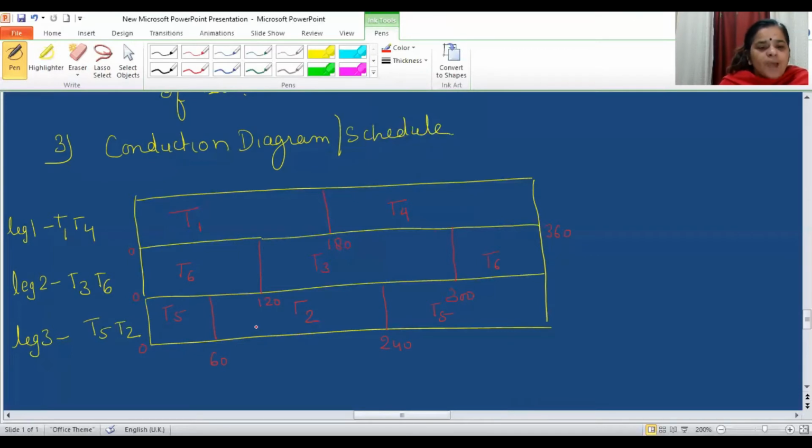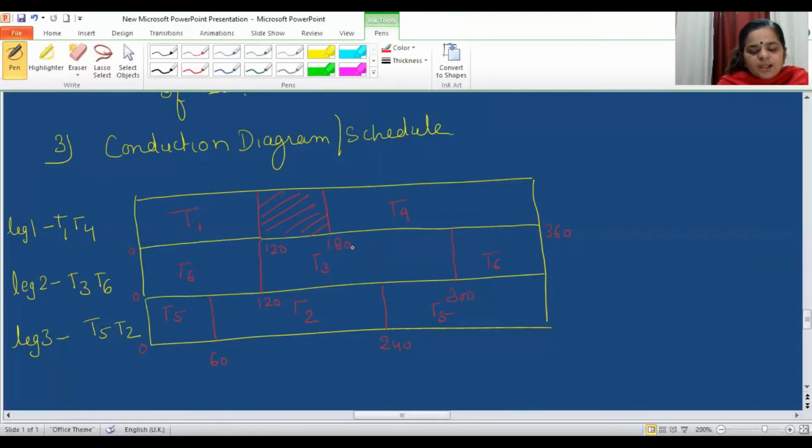forward biased. Now, as it is a 120-degree mode, as per the third assumption, each SCR can conduct only for a duration of 120. So if T1 starts conducting at 0, then it will be conducting only up to 120. So from 120 to 180, there will be a duration when no SCR from leg 1 is conducting.